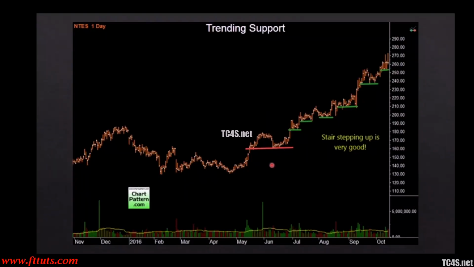But I made it red so you're aware. This is the first higher low support above all of this. This is the first higher low where support is holding on a higher low. Not a lower low, but a higher low. And so we're starting to see a change in NTES right here. That could be bought, but that's the tougher buy.